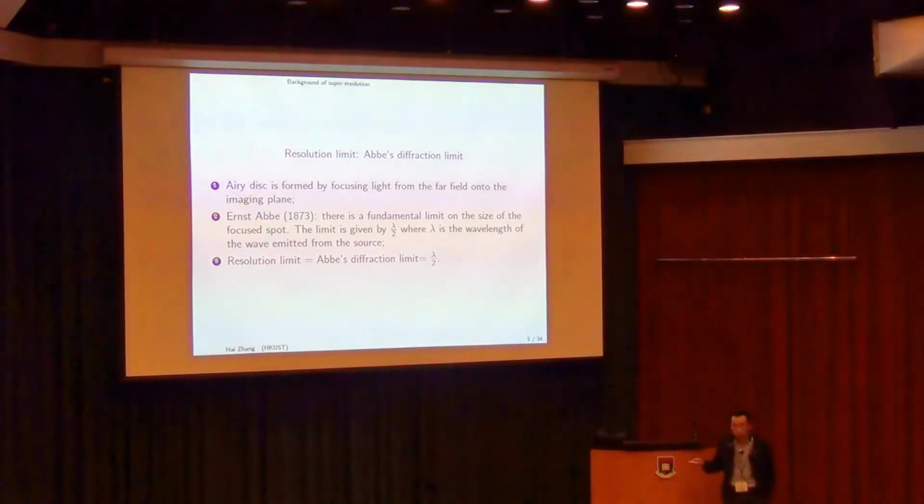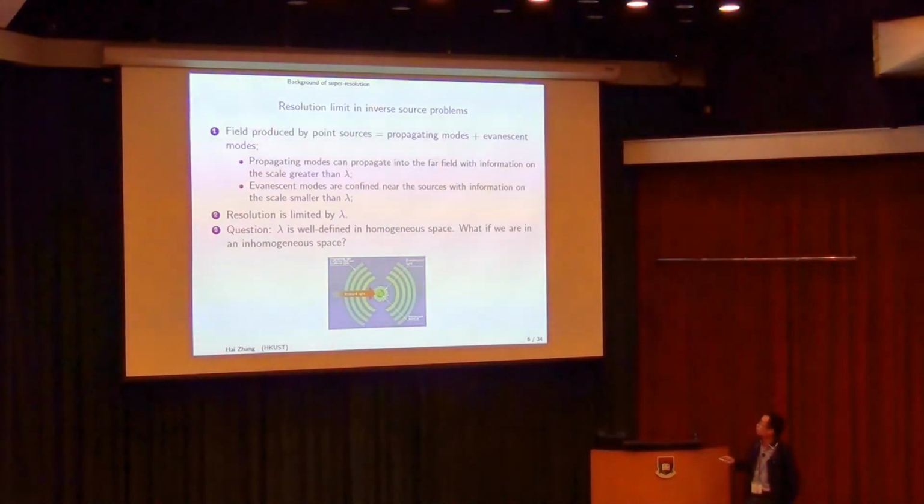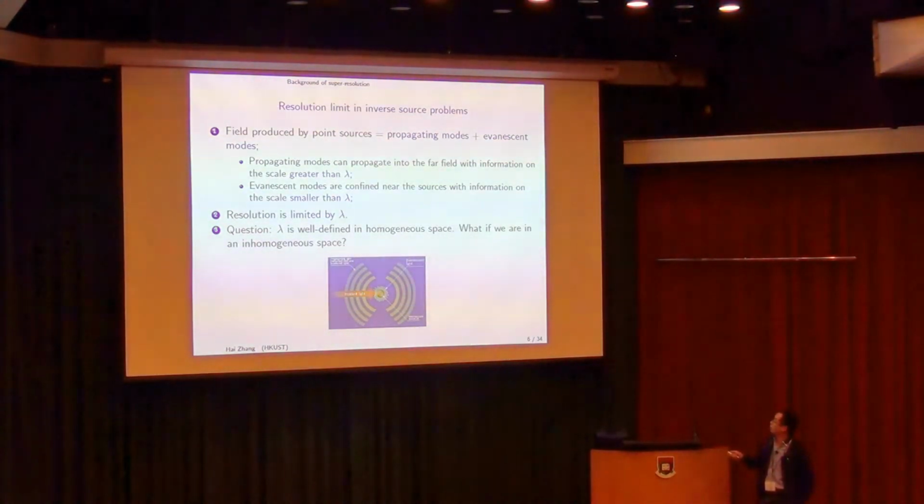There's another way to view this diffraction resolution limit. If you look at the field produced by the point sources, this field can be decomposed into two parts. The first part is propagating modes, which can propagate away from the source and into the far field.